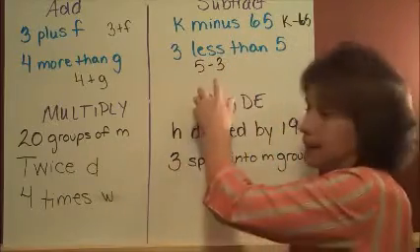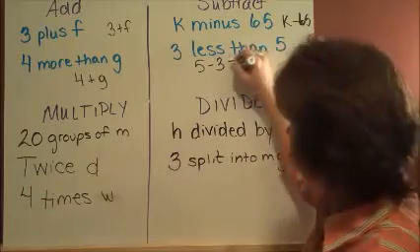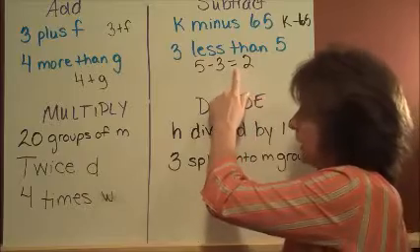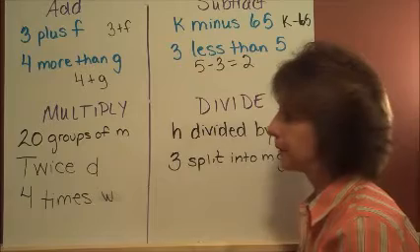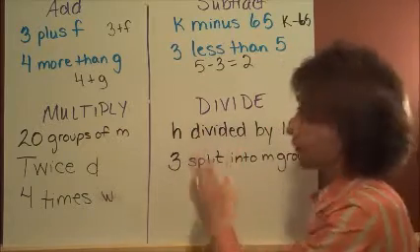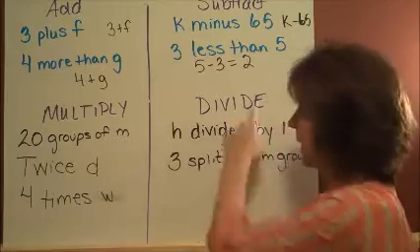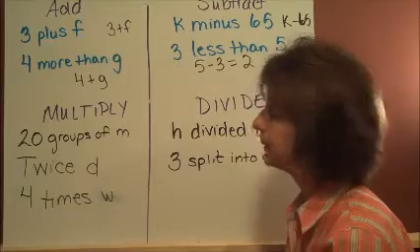And this one, because it has 2 numbers, is able to be evaluated. 5 minus 3 is 2. 2 is 3 less than 5. 3 less than 5 is an incomplete sentence. But when I say 2 is 3 less than 5, I've completed my sentence.